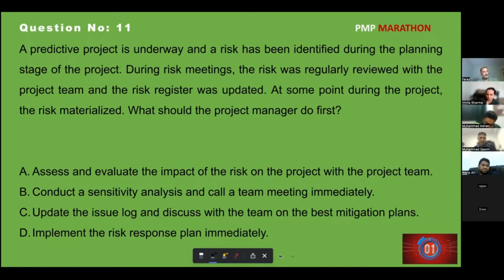Option A, assess and evaluate the impact of the risk on the project with the project team. This could be an option. Option B, conduct a sensitivity analysis and call a team meeting immediately. No, because the risk is already identified. Option C, update the issue log and discuss with the team the best mitigation plan.